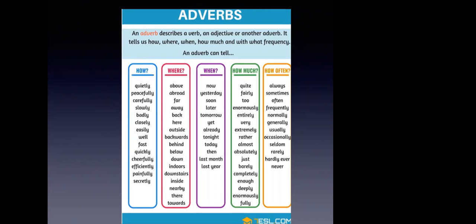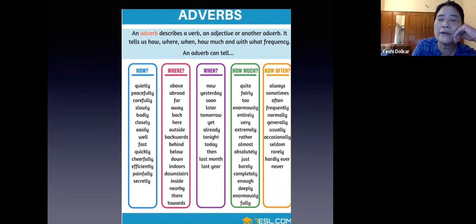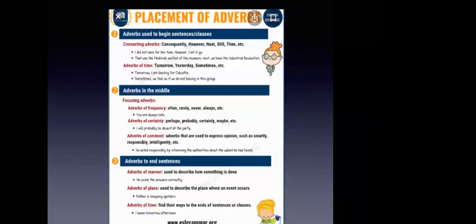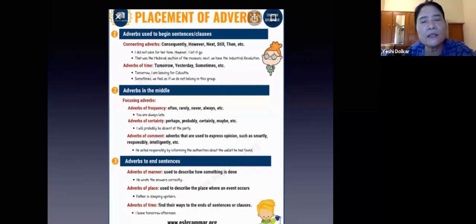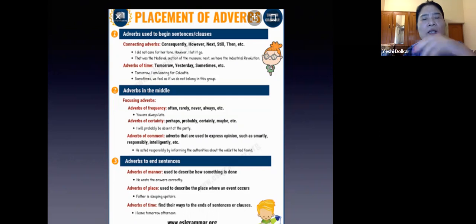Now, in a sentence, where do you put it? Sometimes not in here. If you look at these adverbs: consequently, however, next, then, you always have them in the beginning of a sentence.